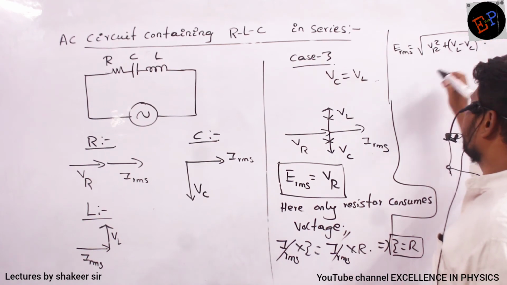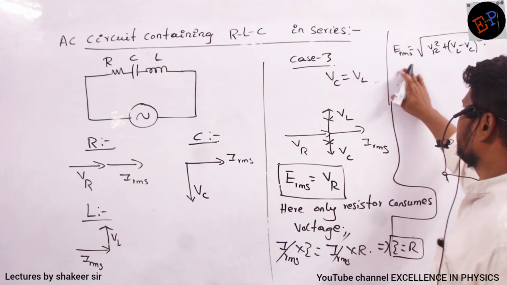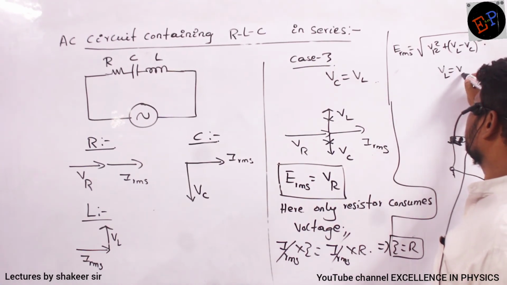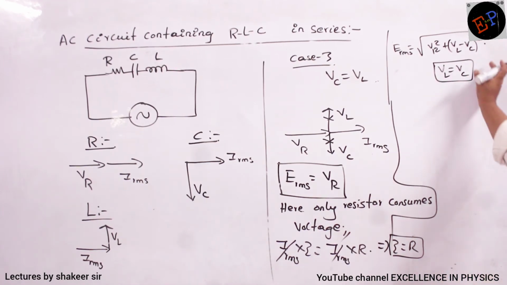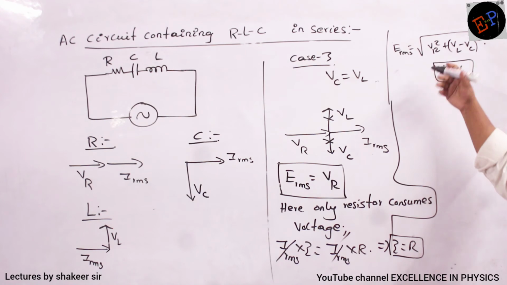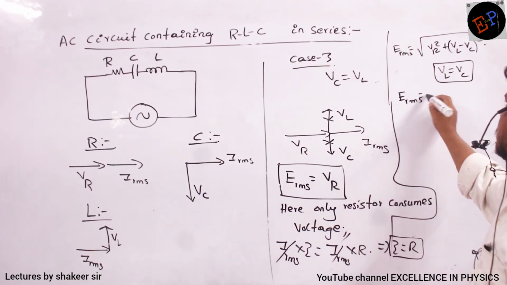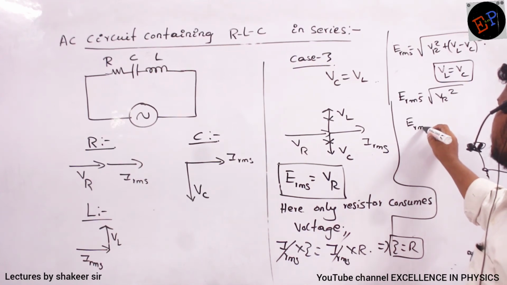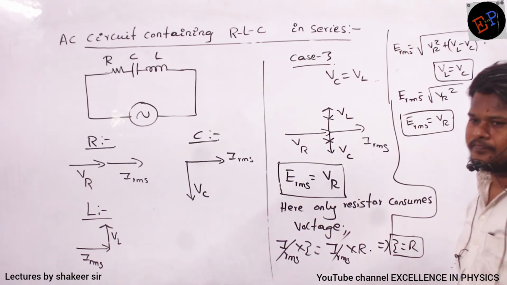Same relation, how can I write? VL is equal to VC, no? Potentials developed are the same, no? So therefore VL minus VC will be how much? 0. So like this also you can write. Therefore ERMS is equal to square root of VR square. So therefore ERMS is nothing but VR. So you can write like this also.